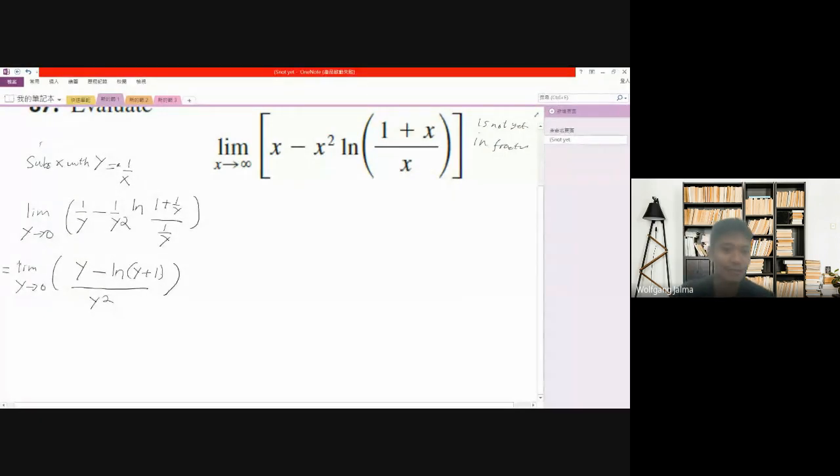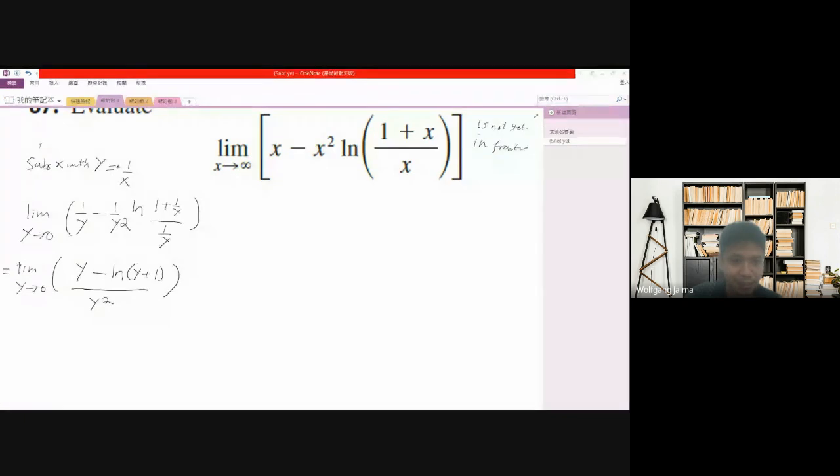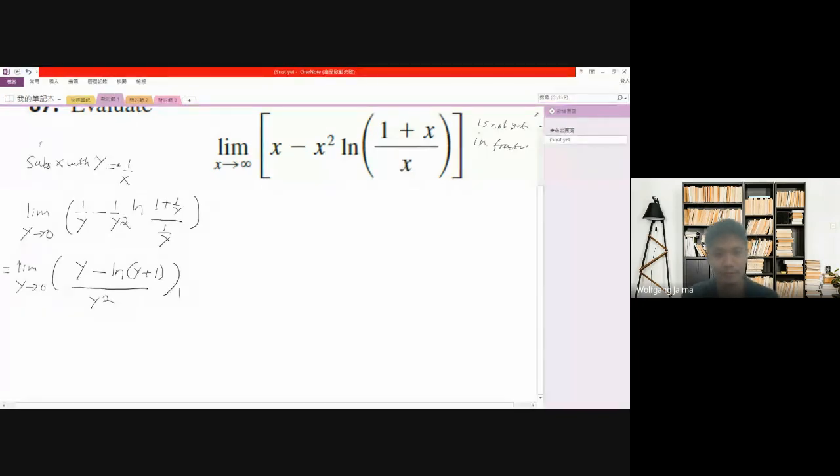Okay, so far so good, right? It's just normal fraction manipulation, nothing weird here. Okay, so from here we do L'Hopital, of course.